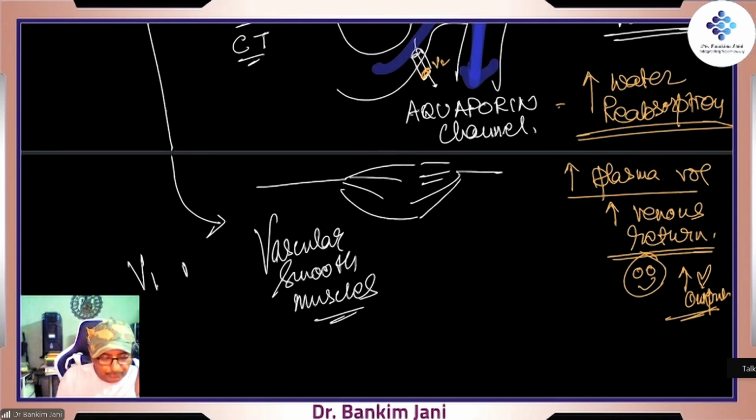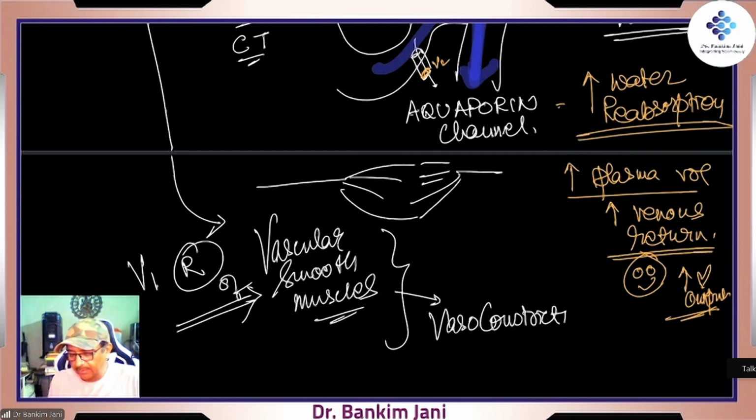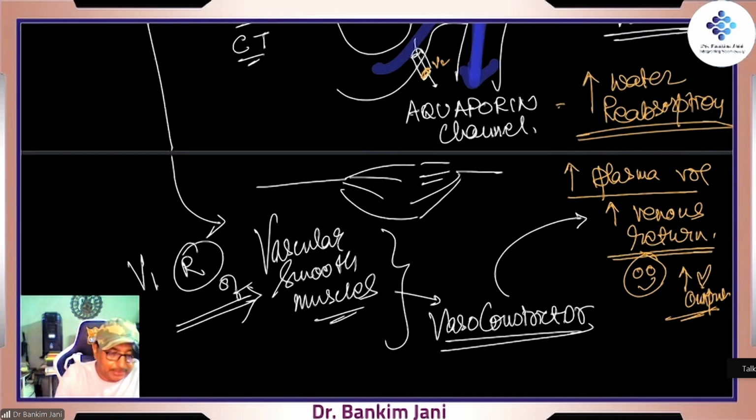It acts on V1 receptors of vascular smooth muscles. And when these muscles are contracted, that will lead to vasoconstriction. And when there is vasoconstriction, that will lead to increased venous return. Things go good. But remember the words, in high concentration.